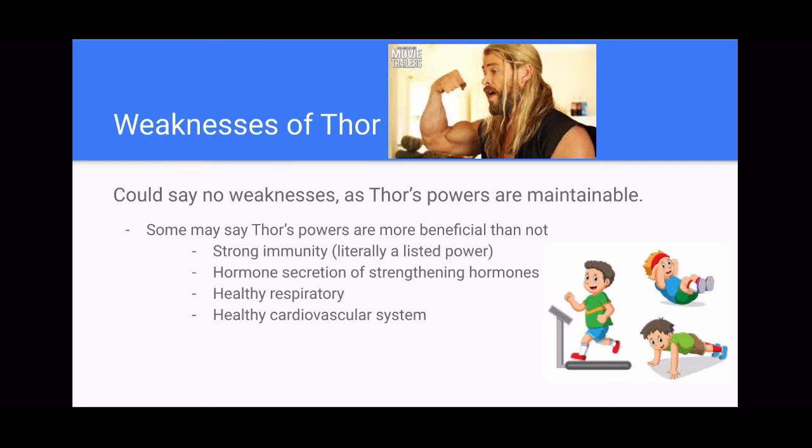So a lot of people might actually argue that these powers are seen as pretty beneficial and healthy, if anything. So they may say that he does not have weaknesses from these differences and that he just sort of has more of an elite makeup for his genetics, because he does have strong immunity.